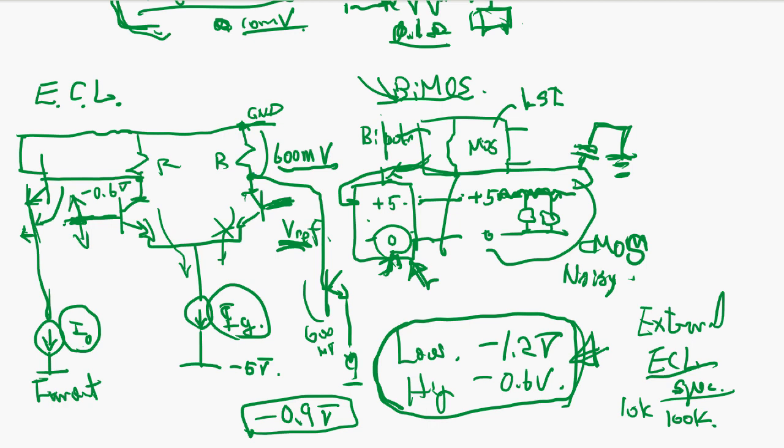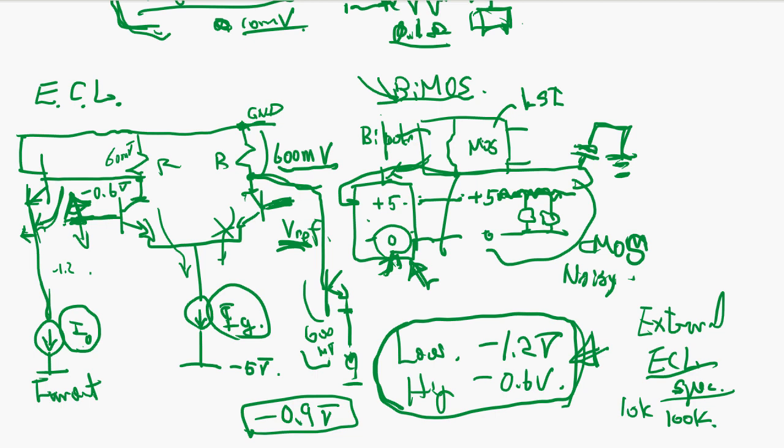This becomes high, 0 here, and 600 millivolt below. So this side becomes high, negative 0.6. And when current flows this side, you have a 600 millivolt drop plus 600 millivolts, so negative 1.2. This becomes low. So when this input is high, you have an inverted output and also a non-inverted output.